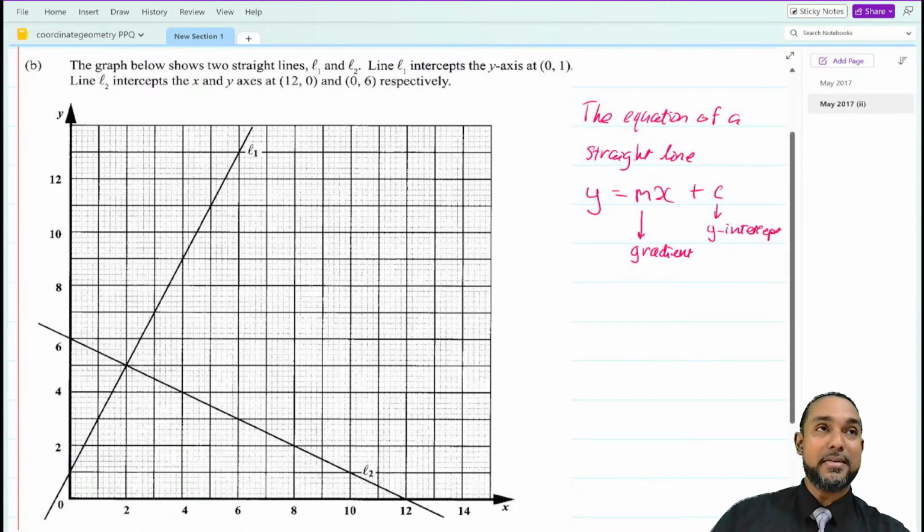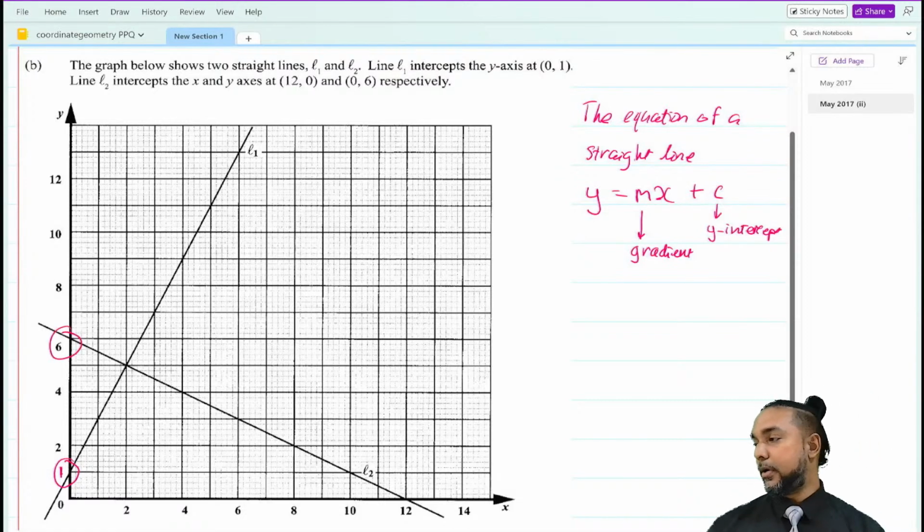The y-intercept is the point on the y-axis that the line passes through. For line 1, if you follow the line here, it passes through 1 on the y-axis. For line 2, it passes through 6.